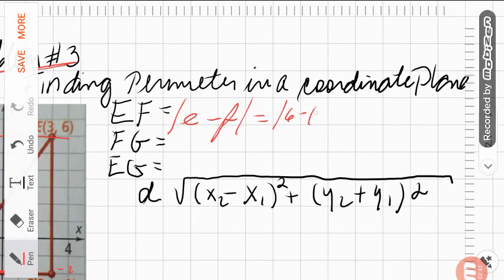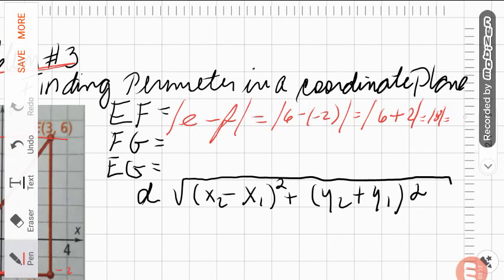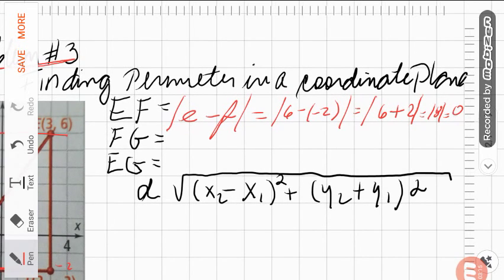We're going to put that in a parenthesis so we can separate the two minus signs. When we solve this, we have the absolute value of 6, minus times minus is going to be positive, because we learned that whenever we have a negative sign in front of a parenthesis, that changes the sign to positive, right? So then this is now the absolute value of 8, and we know that the absolute value of any number is a positive number, which in this case would be 8. So we already found the distance or the measure of the segment EF.